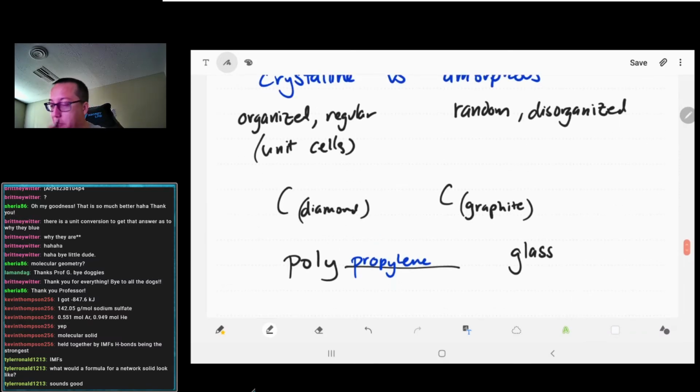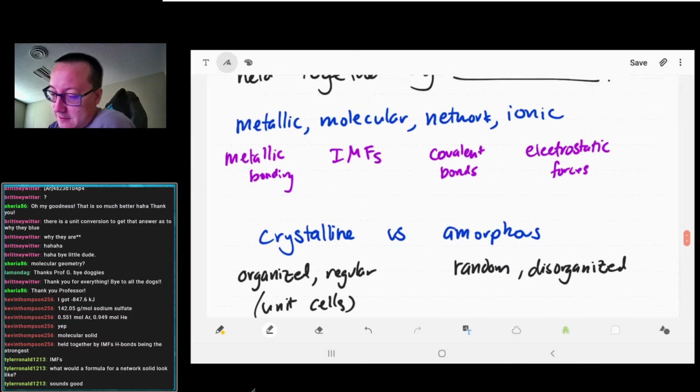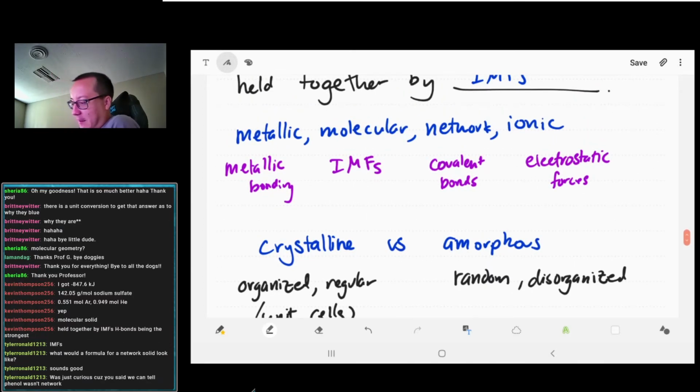So that would be a network as well. Those are how you would identify something as a network. There are not many of them. So chances are, if something is covalent, you're looking at a molecular solid.